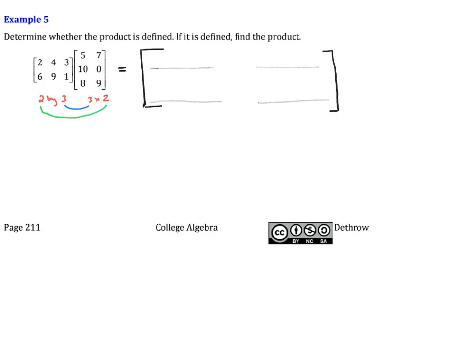So now, let's look at this entry. This entry is in the first row, first column. So we will look at first row, first column.